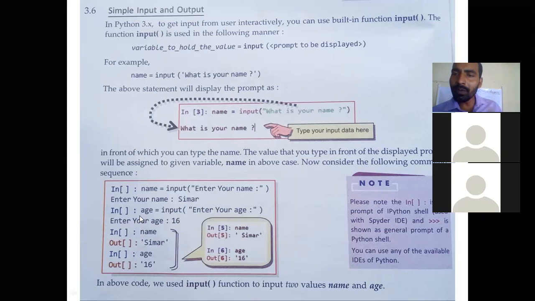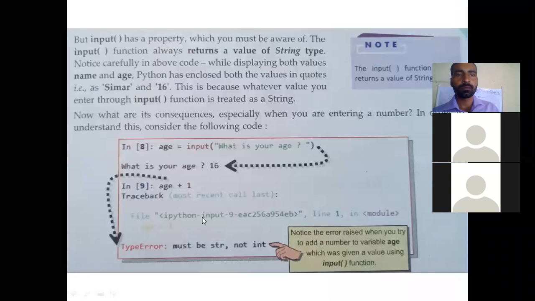Then if you print one by one the name and age, it will simply print name Simmer, age 16. Okay, so this is the use of input statement. See the error, what was coming there, same thing is told here. If you are adding a string to a numeric value, then Python will raise an error.